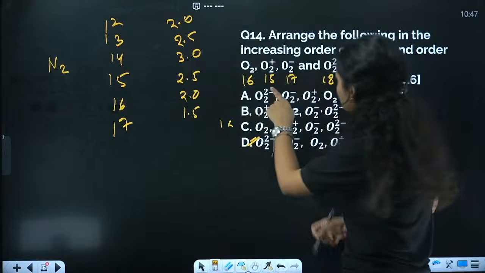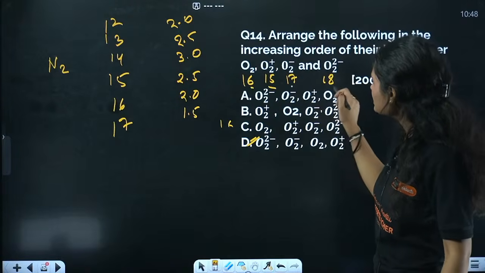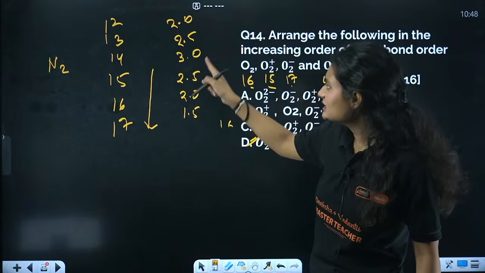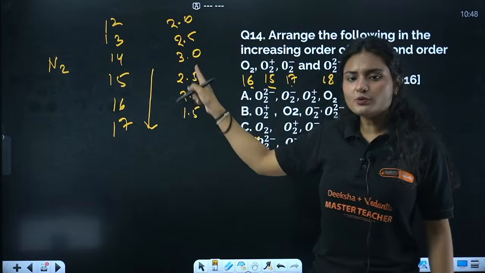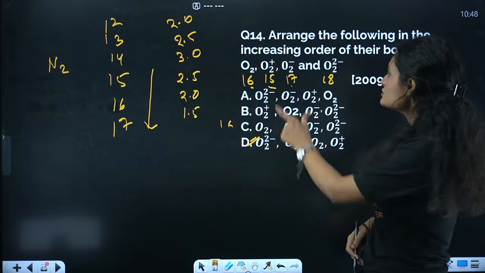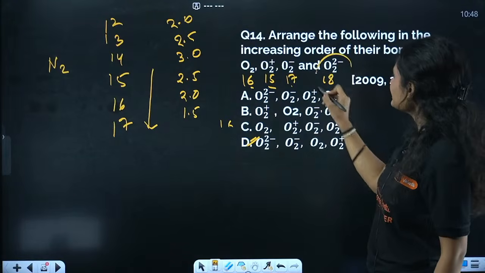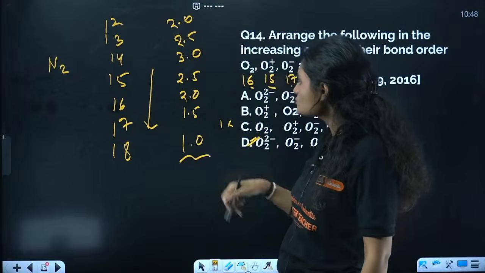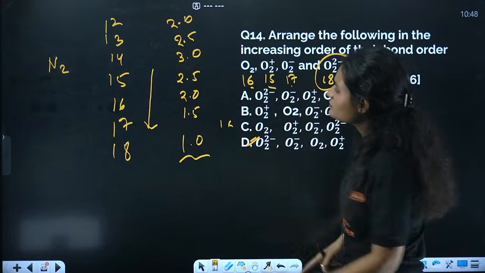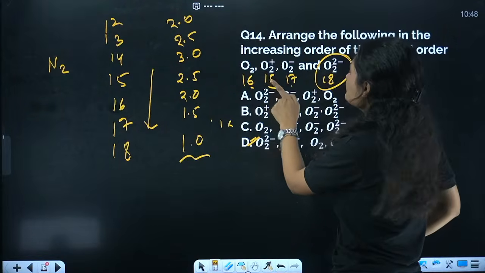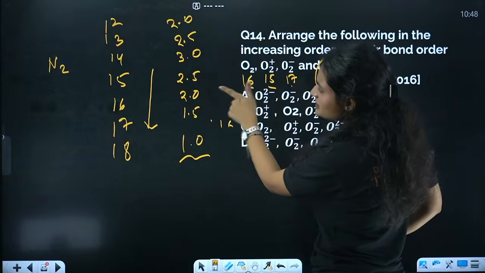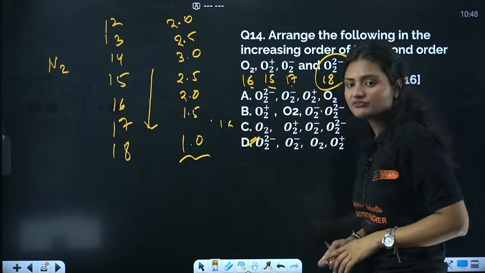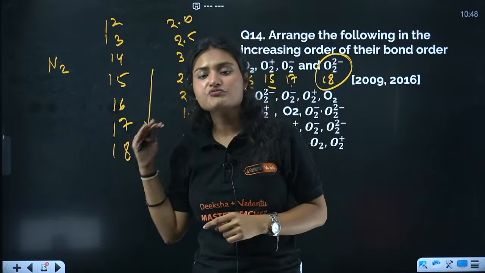So here we started from 15, 16, 17, 18. As you can see, going away from 14, the bond order is decreasing. So which will have the least bond order? 18 electrons, which means the bond order is 1. Then 17 electrons means bond order is 1.5, 16 electrons means the bond order is 2, and 15 electrons means the bond order is 2.5. So this is the increasing order of bond orders.